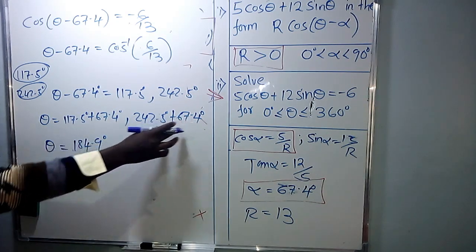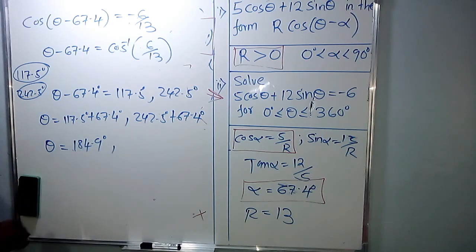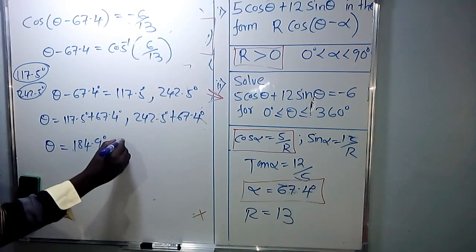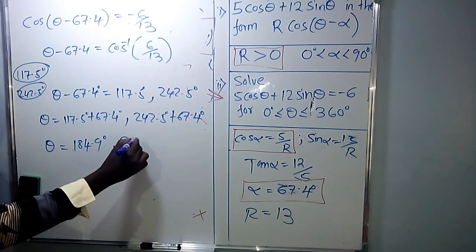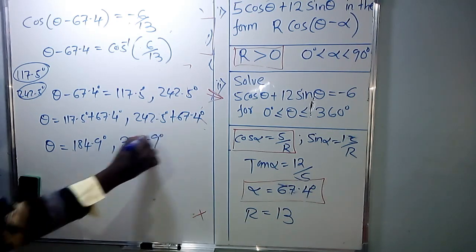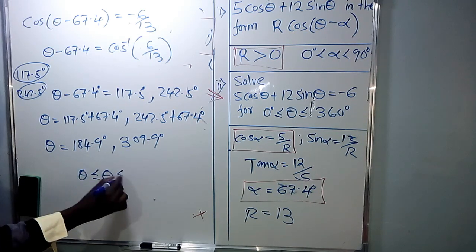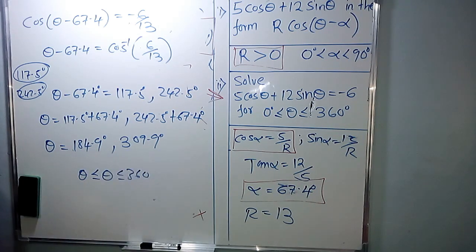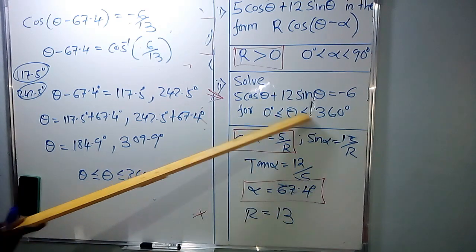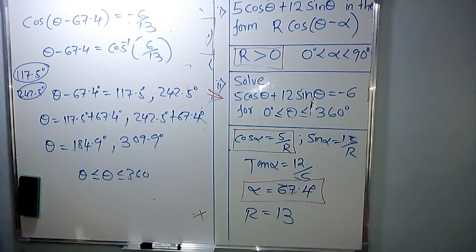We have 309.9 degrees. So you are told to only take the values of theta which lie between 0 and 360 degrees. So you can see all these angles, 184.9 degrees and 309.9 degrees, are in the range of 0 to 360 degrees.